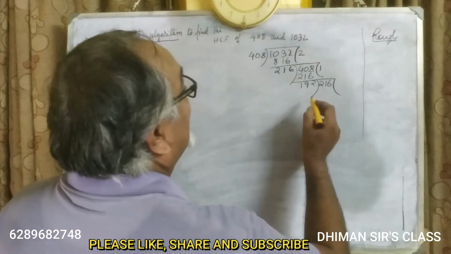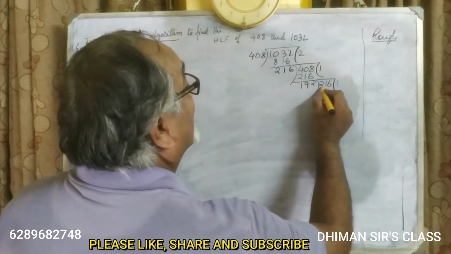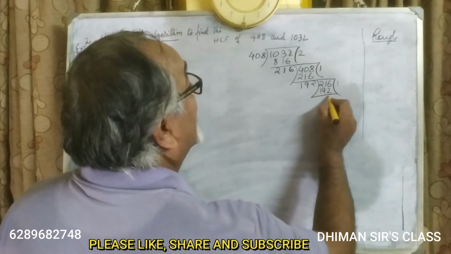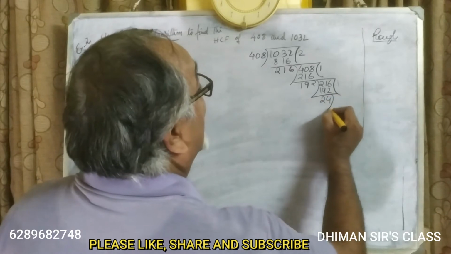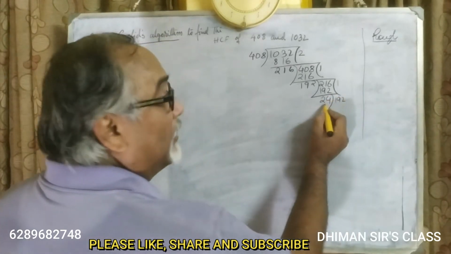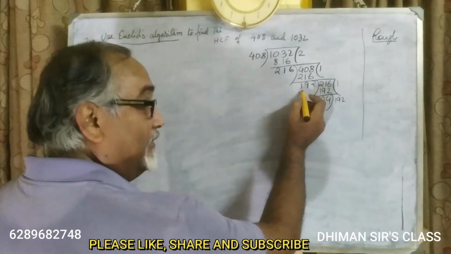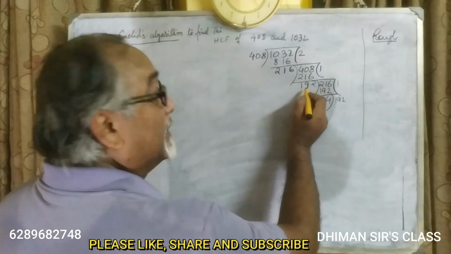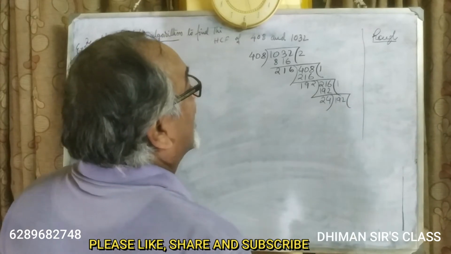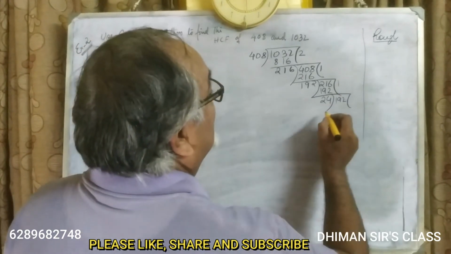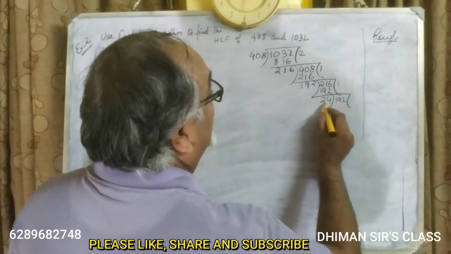Now, 192, 4, 9 plus 2, 11. Now, 192, 24 becomes the divisor and its previous remainder becomes the dividend. Now, 3, no, not 3, 2 8s are 16.